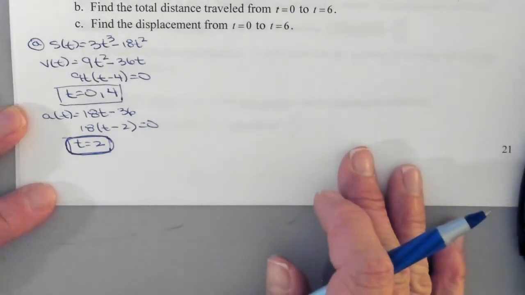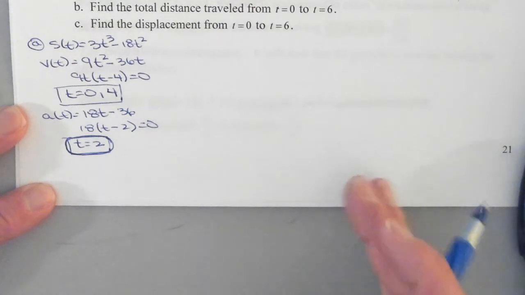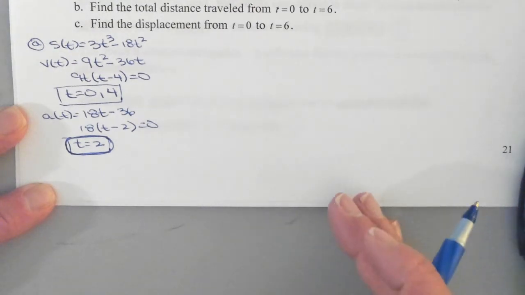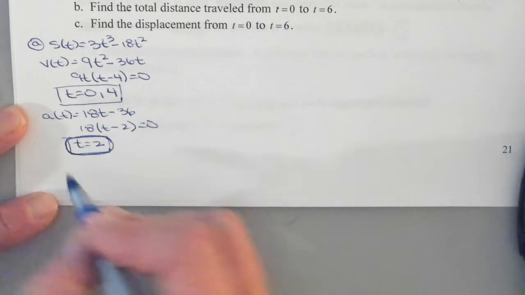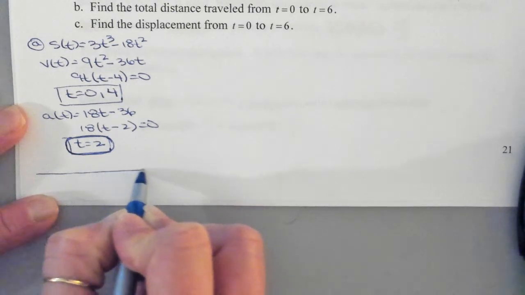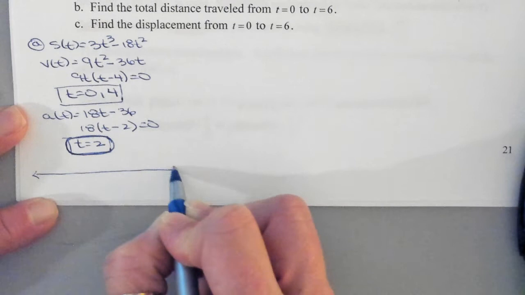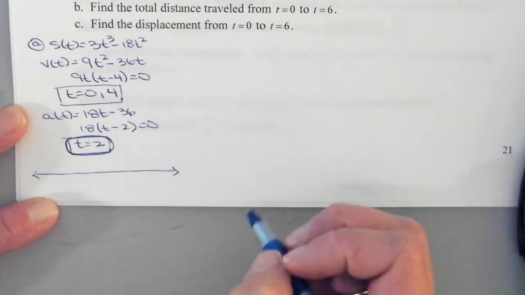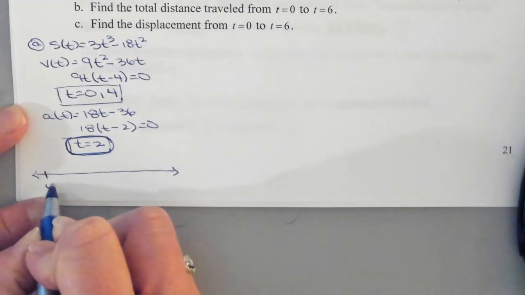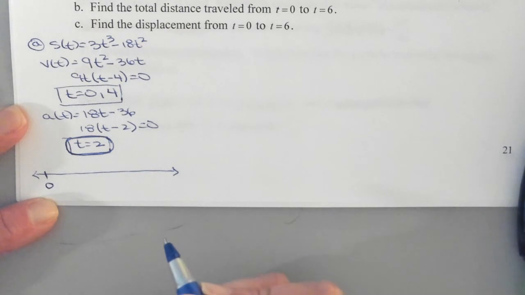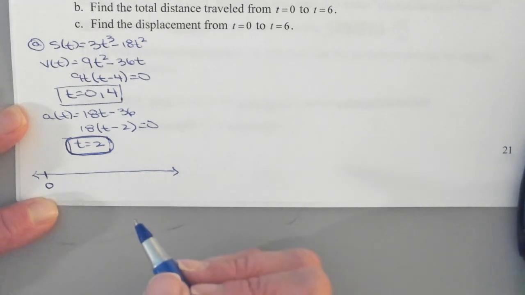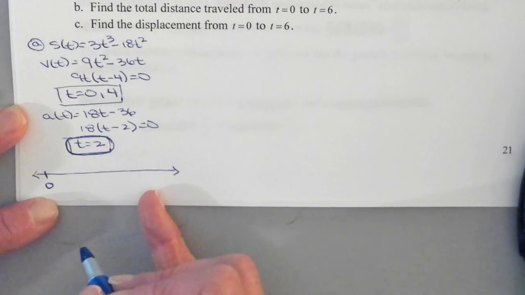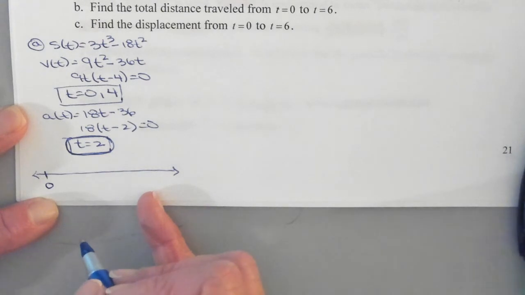In order to determine if my particle is speeding up and slowing down and over what intervals that is occurring, I need to put a number line here. And we would obviously start at 0 because it says time must be greater than or equal to 0. We're going to put all of our numbers from velocity and acceleration on this number line.